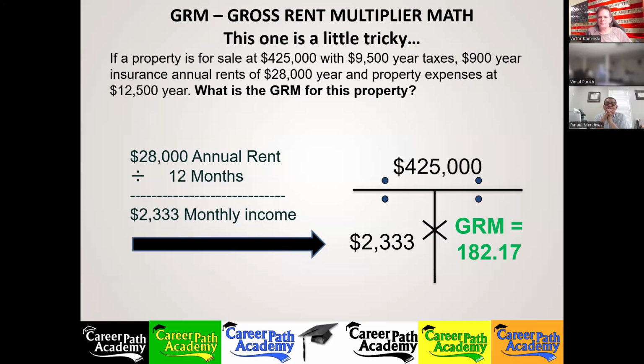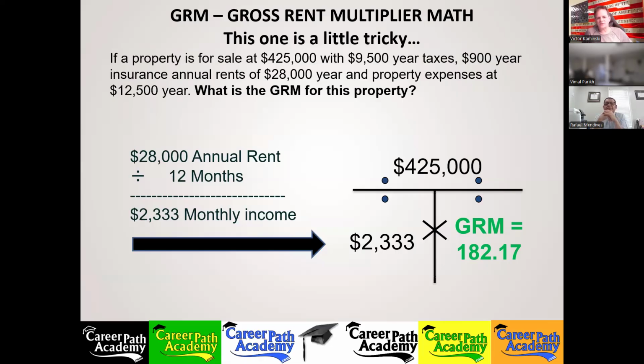Now, this problem didn't tell us how many units there are or anything like that. So this problem was just to try to figure out what the GRM is, not to really compare two properties, because the GRM, you need to compare it to similar properties: a 2-unit to a 2-unit building, a 3-unit to a 3-unit, a 4-unit to a 4-unit.